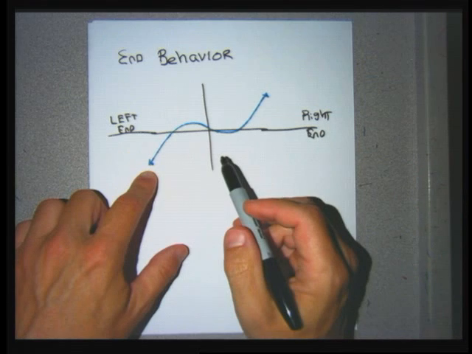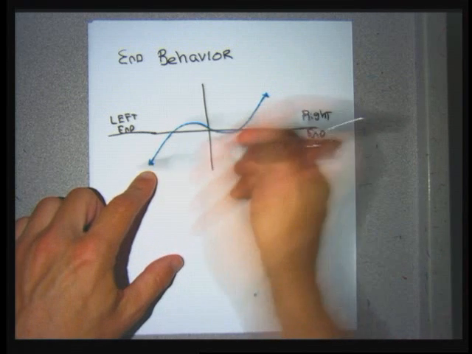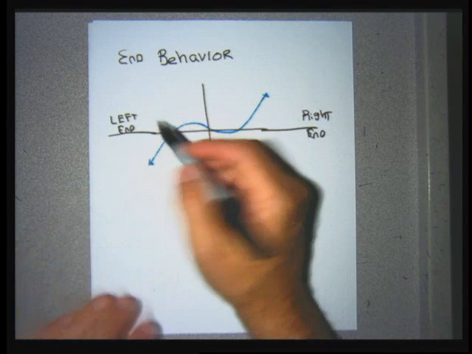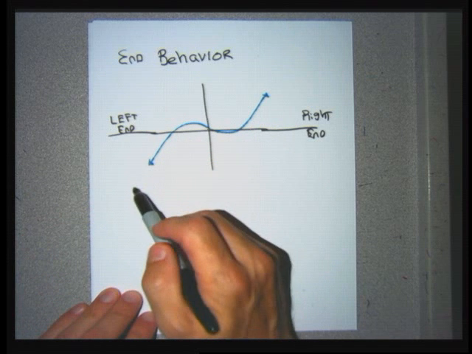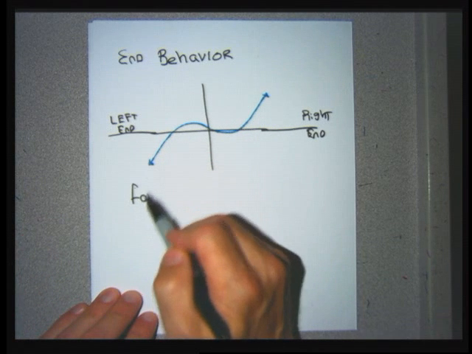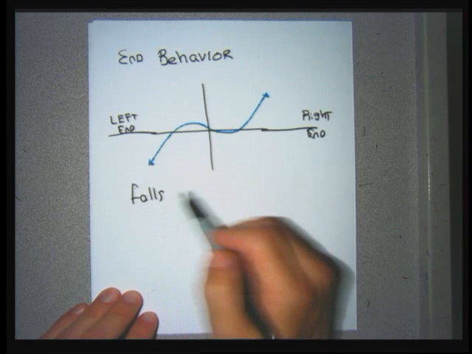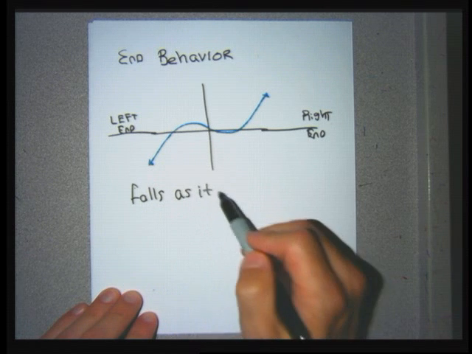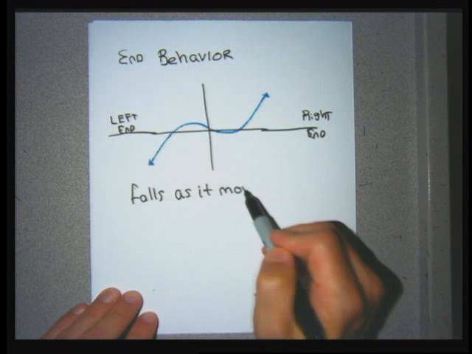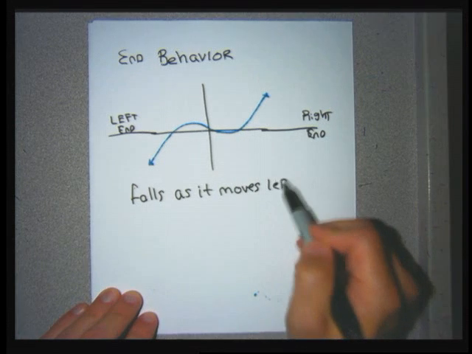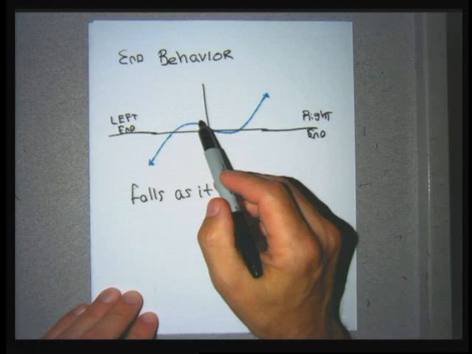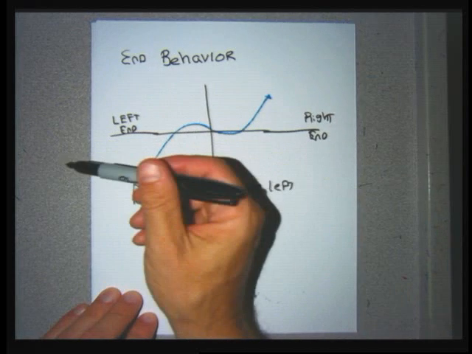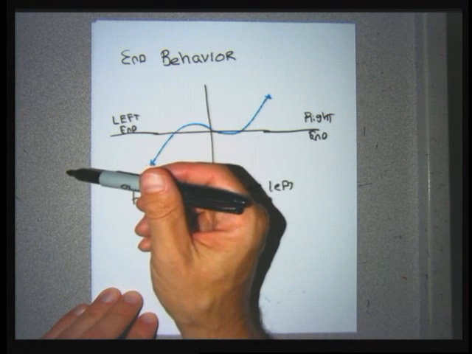And at the left end, the graph is going down towards negative infinity. So I would say for the end behavior, this graph falls or goes down as it moves left. Or as I move left. So if I'm tracing to the left as opposed to tracing to the right, I'm going to get to the left end of the graph.